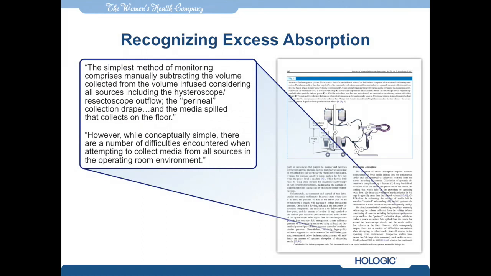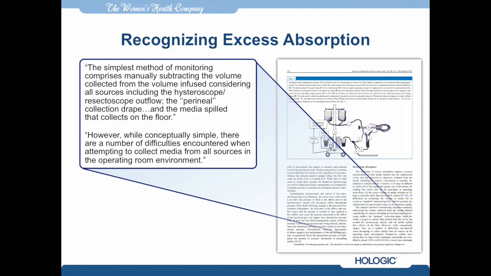Now, the simplest method for monitoring fluid deficit is by subtracting the volume collected from the volume infused. Outflow volume can be calculated by adding up all the fluid in the outflow canisters, fluid in the perineal collection drape, as well as fluid that may be around the patient or on the floor.